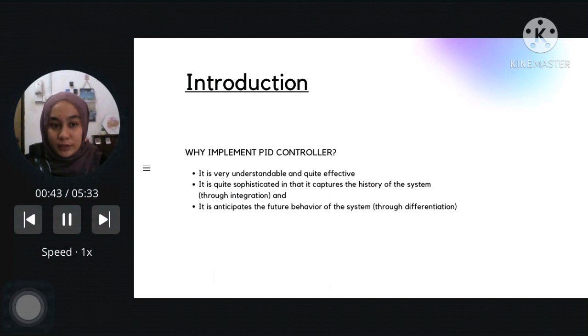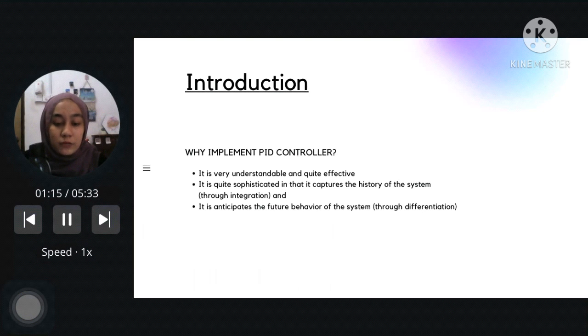For the introduction, why implement a PID controller? The PID controller is widely employed because it is very understandable and quite effective. One attraction of the PID controller is that all engineers understand conceptually differentiation and integration, so they can implement the control system even without a deep understanding of the control theory.